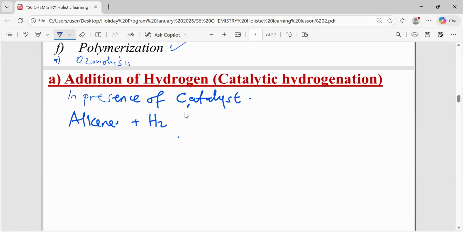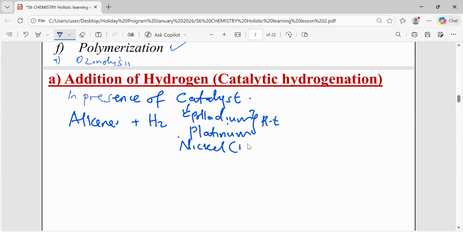This catalyst has given us palladium, and platinum, and he told us that platinum and palladium work at room temperature. He also talked about the nickel catalyst, which works at 150 degrees Celsius. And when all this happens, they move from alkenes to form alkanes. We can clap hands for Joseph.